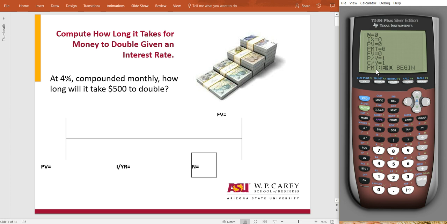Okay, and then this is payments. Are they made at the end of each month or year or whatever time period we're looking at, or at the beginning of that time period. And remember, end would be an ordinary annuity and begin would be an annuity due.